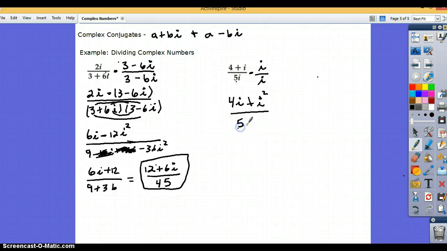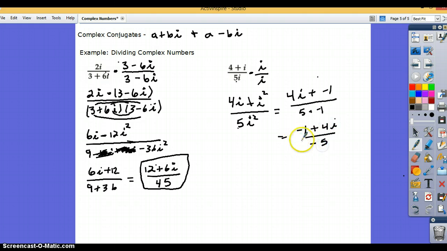We get 5i squared. Okay, so let's continue. So we got 4i plus negative 1 over 5 times negative 1, right? So in reality, what we have here is negative 1 plus 4i over negative 5.